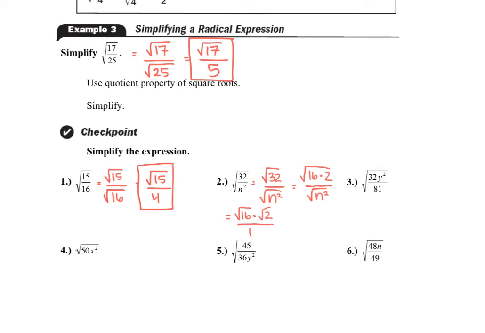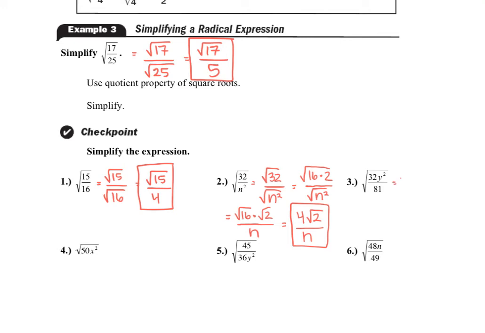The square root of n squared is just n, so I can take that square root. And so the final answer would be 4 times the square root of 2 over n. And that would be simplest form for this square root. All right, let's try number 3.